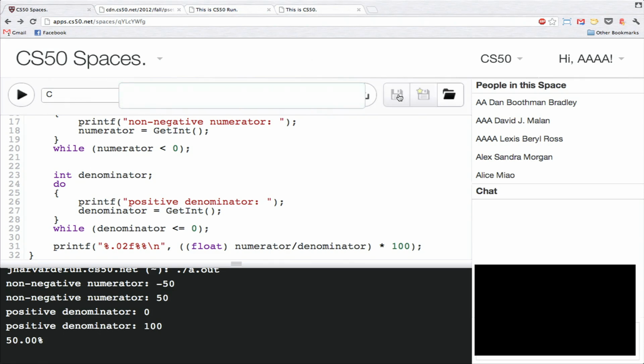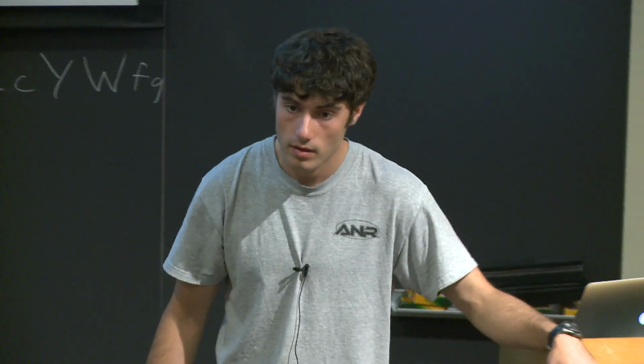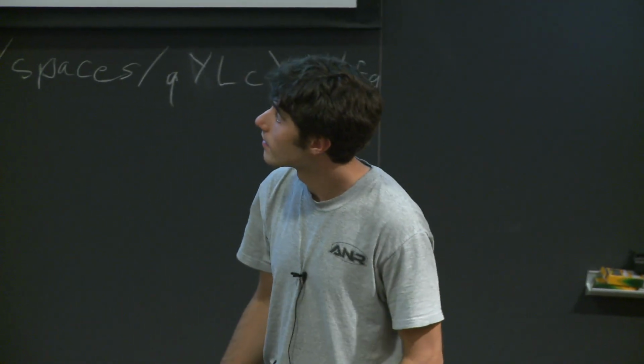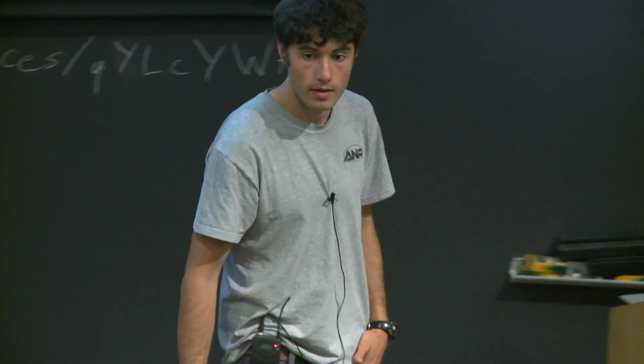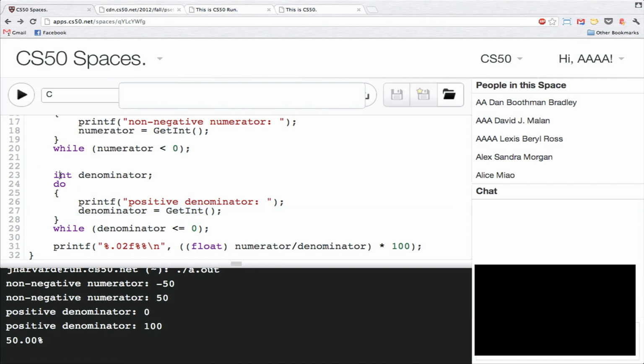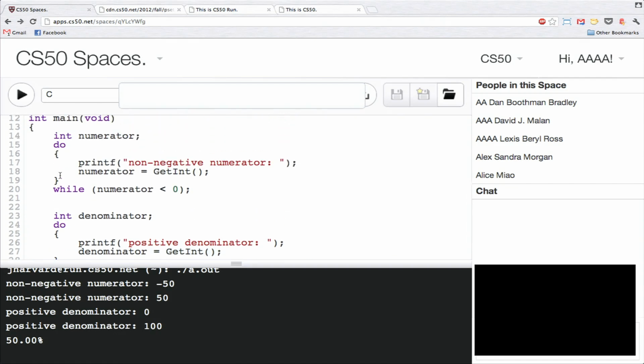But yeah. Why don't you need to put int before denominator? Where? Like when you see denominator equals it. When I have it here? Yeah. Why would I have int before it? Oh, because the other one had float before it. Well, that wasn't in a loop, right?